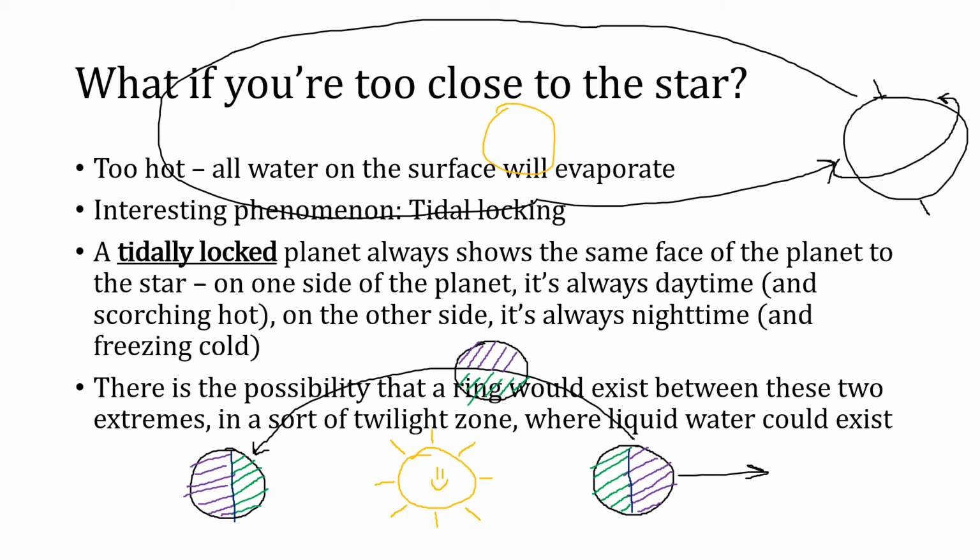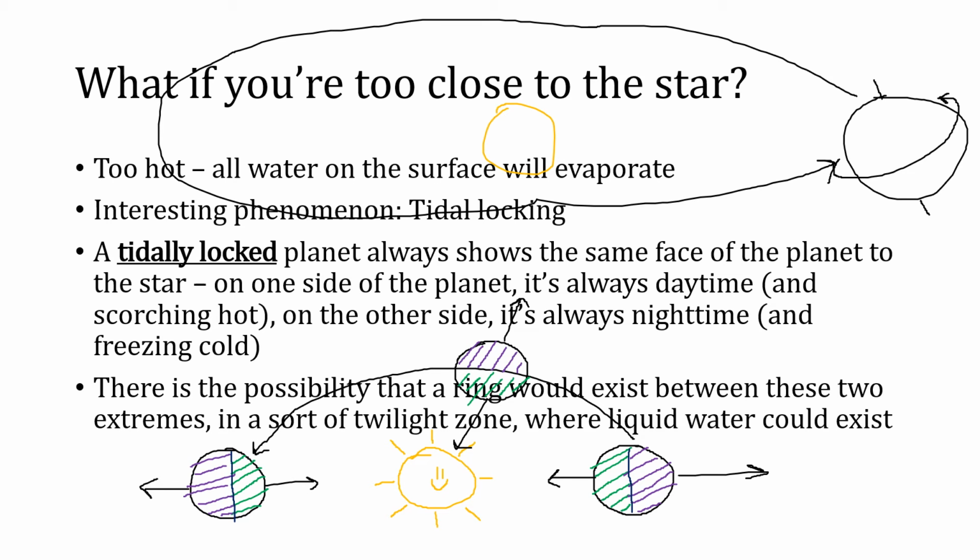So in the case of a tidally locked planet, one side, in this case the green half, is always looking at the star, so it gets really hot and stays really hot, and the other side is always looking away from the star. Look at the purple side, it's always pointing away, whereas the green side is always pointing towards the star. What that basically means is that one half of it is very, very, very hot, and the other half is very, very, very cold.